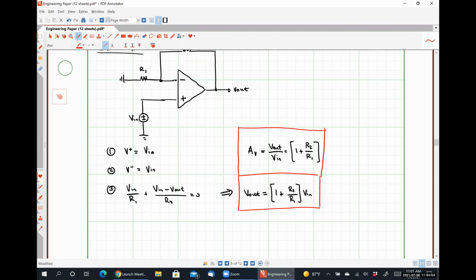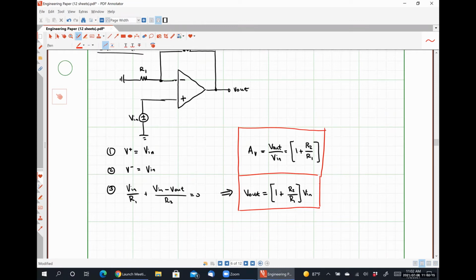So let's take a look at this voltage gain real quick. It is 1 plus R2 over R1. So that means that our voltage gain will, A, always be positive. So if we put a positive input voltage in, we get a positive output voltage out.